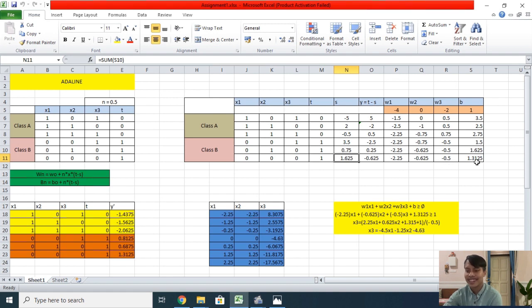And the bias is 1.3125 because the old 1.625 plus 0.5 times the t minus s negative 0.625. So that's why we get the 1.3125.